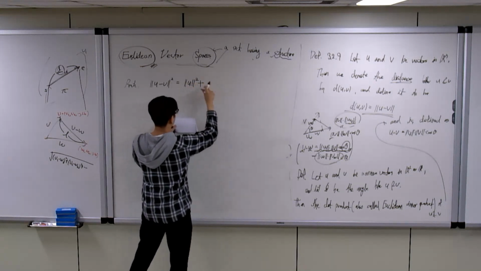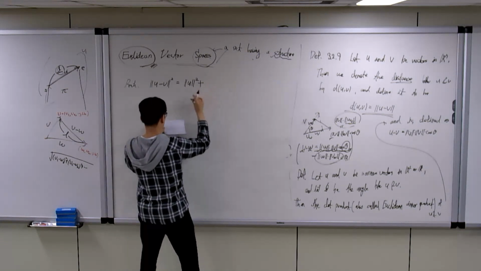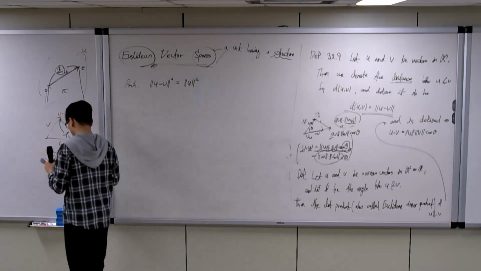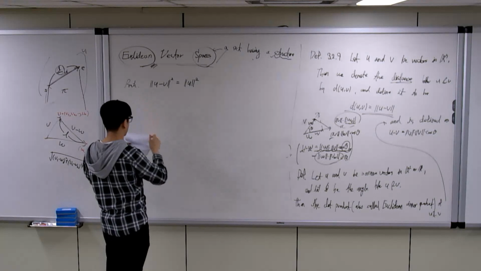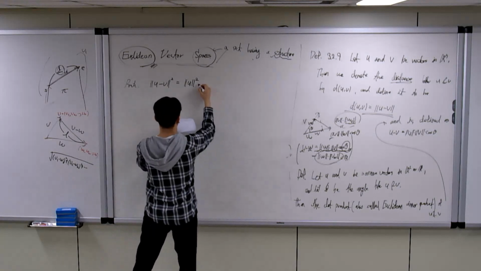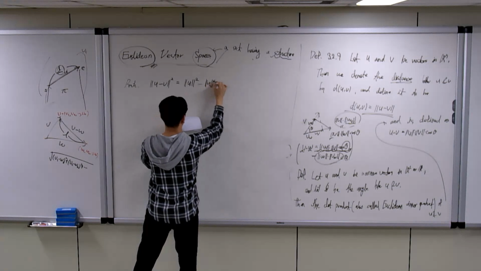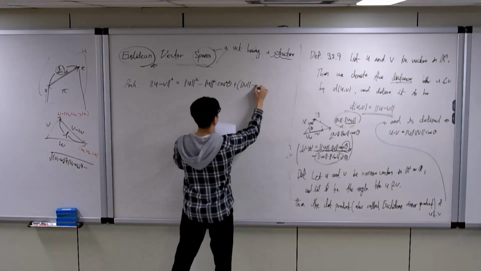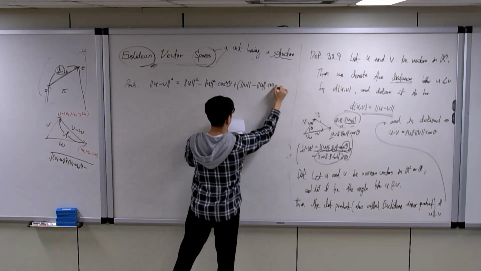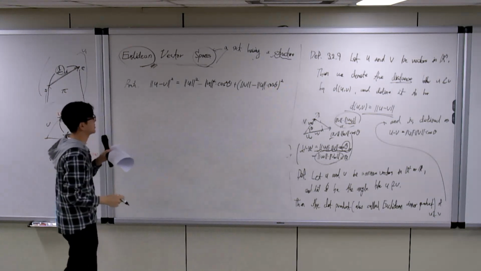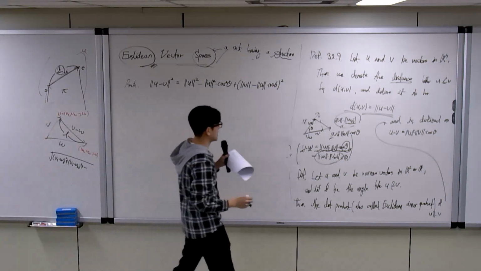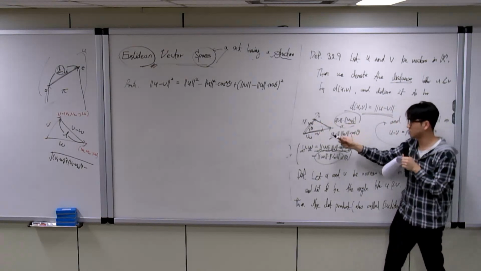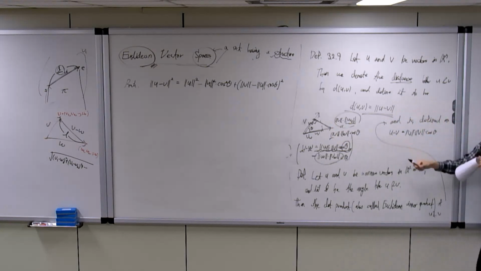Now we use squares. It is quite simple. By using this triangle, we have the projection onto another vector.